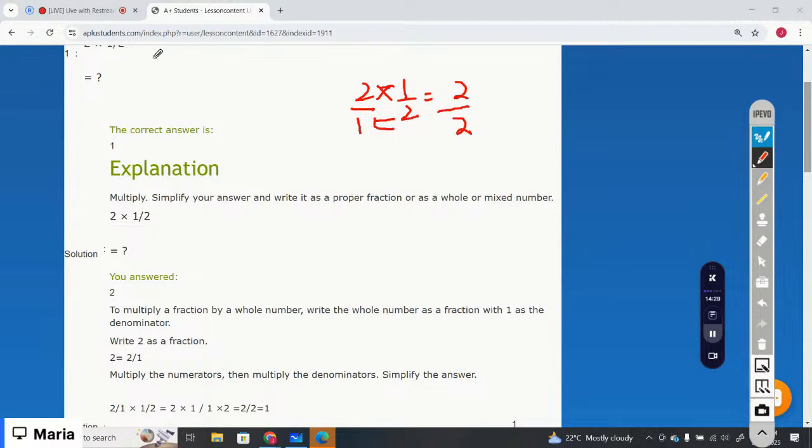So 2 divided by 2 is, that is 2 by 2 is 1.